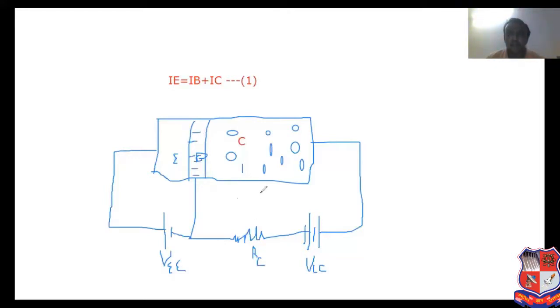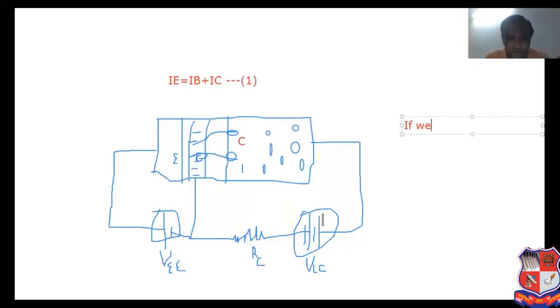Now see, if reverse bias voltage is applied, the width of the depletion region is increased. Now, if we apply more reverse bias voltage, see this is reverse bias, and this is also reverse bias. If we apply more reverse bias voltage, then this hole and electron can combine with each other. Meaning, if you increase the reverse bias voltage, then a large amount of leakage current can flow. Leakage current flows due to the minority charge carriers.